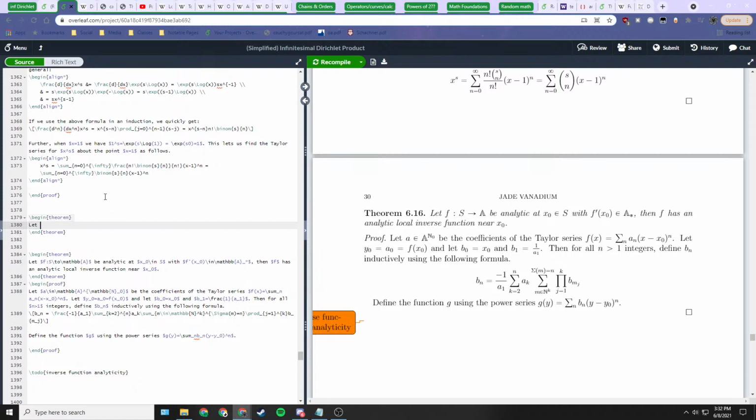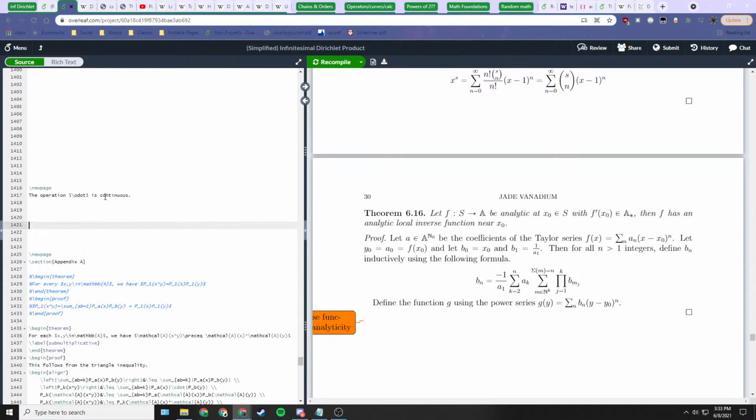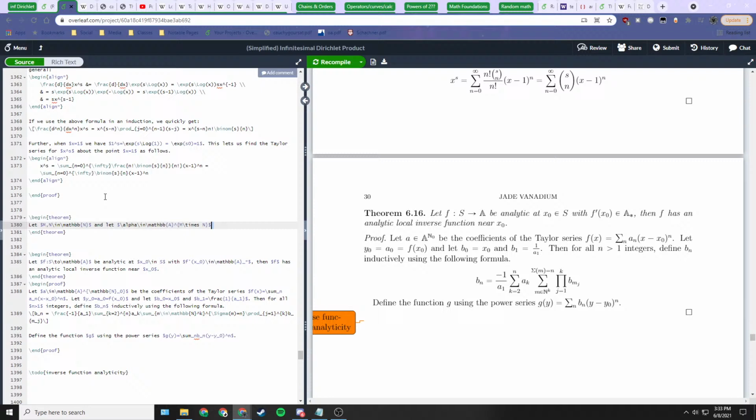So let m and n be in the naturals, and let alpha be in A to the m times n.